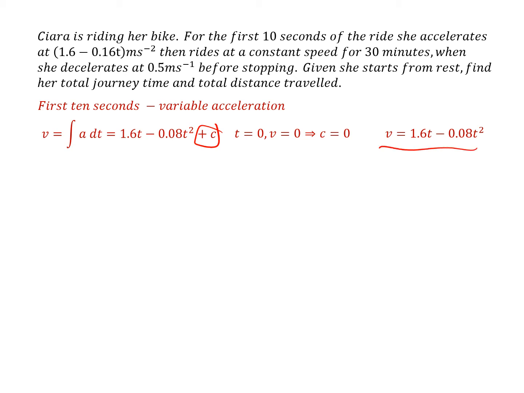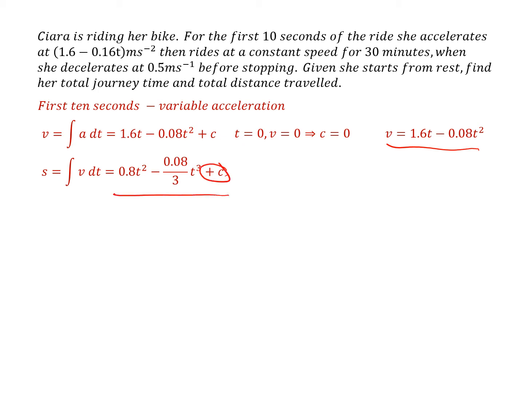So how do we get an expression for displacement? Well, similarly, to get from velocity to displacement, we integrate. Here's our expression for velocity. We add 1 to the power and divide by the new power, and we get this expression, which has our constant of integration.